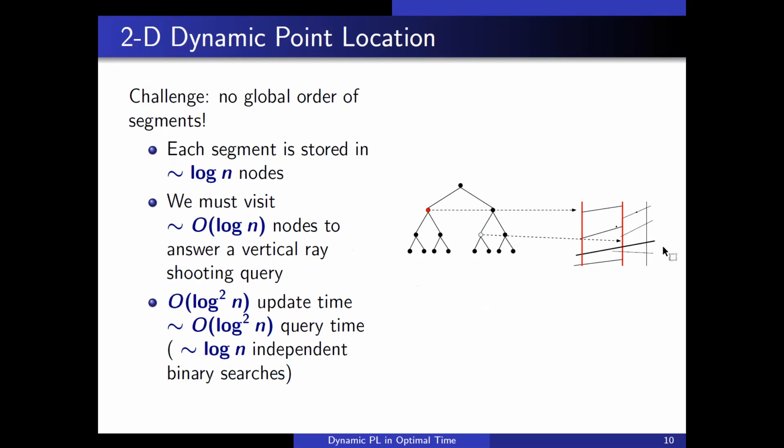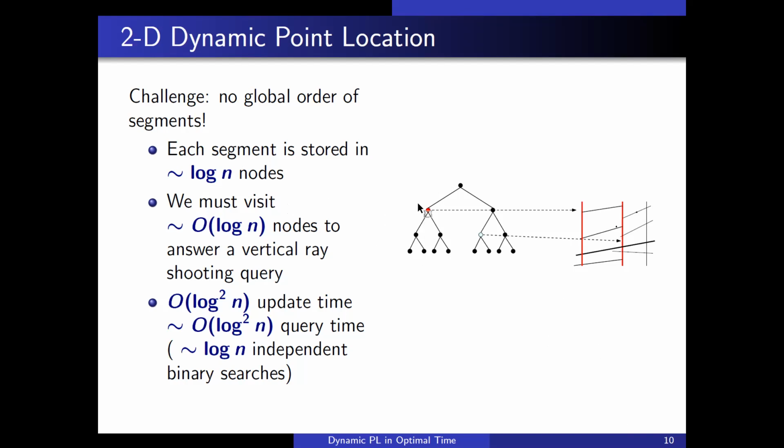So now, since we have no global order, we have to maintain the order of segments in every single slab. But in the segment tree, every segment will be stored in roughly log n nodes, and we'll have to visit about a logarithmic number of nodes in order to answer the query.